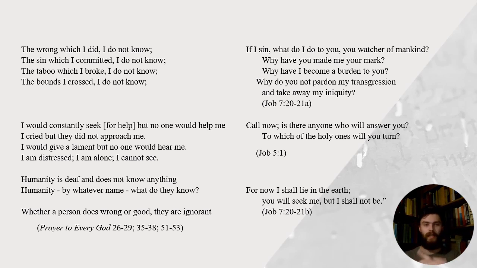Likewise, in the aptly named Prayer to Every God, named because if you don't know what you did wrong, you better just pray to all of the gods, and hopefully one of them that you offended might be pleased with you again. Which I think, just as a side note, shows that Yahweh took great pains in expressing to his people exactly what he expected of them, exactly what he desired and what they needed to do to live in relationship with him.